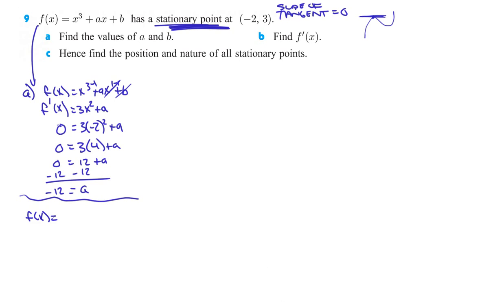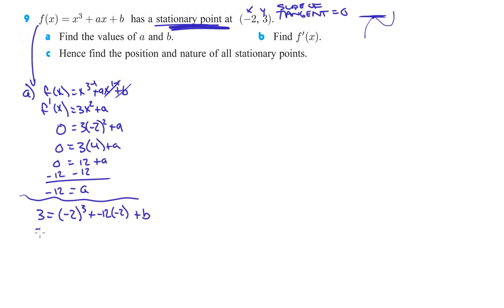What we really want to do is, look, we have an x and a y value. So let's plug in, this is our x and this is our y, right? f of x is what y is, so we'll do this instead. 3 equals, and then we plug the x in, negative 2 cubed plus a, which we now know is negative 12, times x, which is negative 2, plus b.